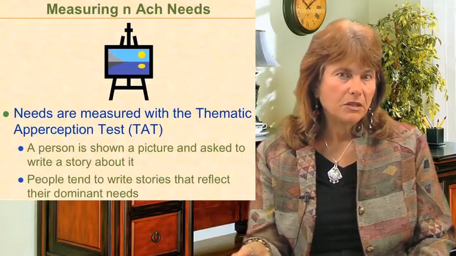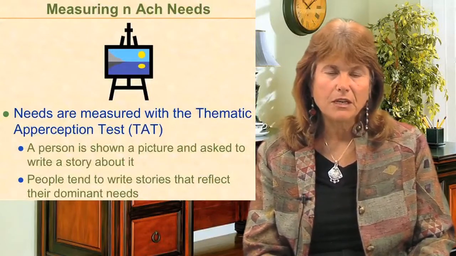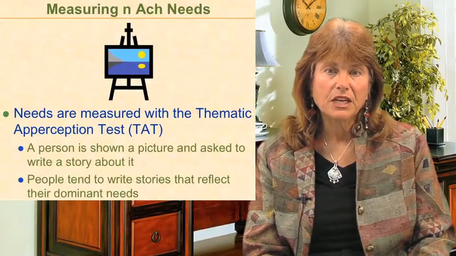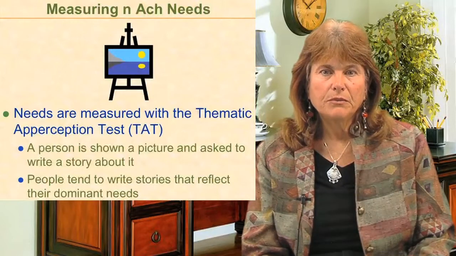If someone says, gee, this is a group, and they're having a team, they'd say this person has a need for social relatedness. Or if they say they're planning something to take over another company, they'll say this person has a need for power. So they use these TAT tests to identify these different learned needs.